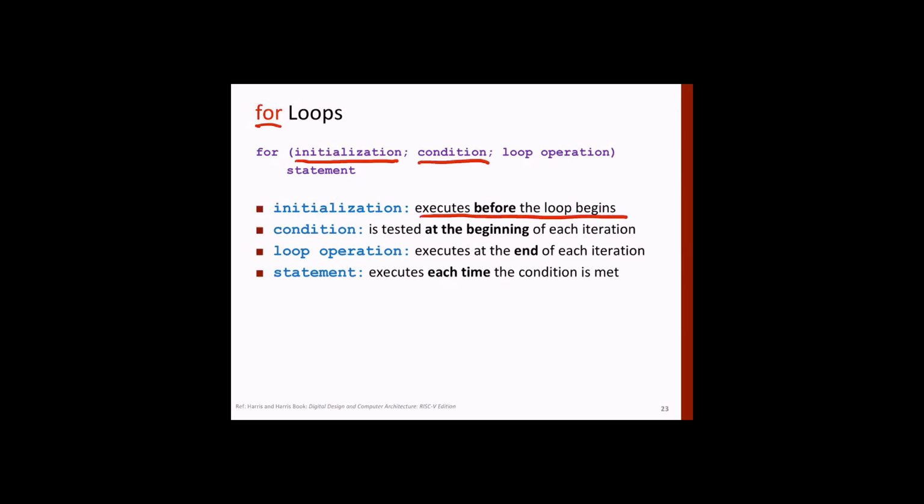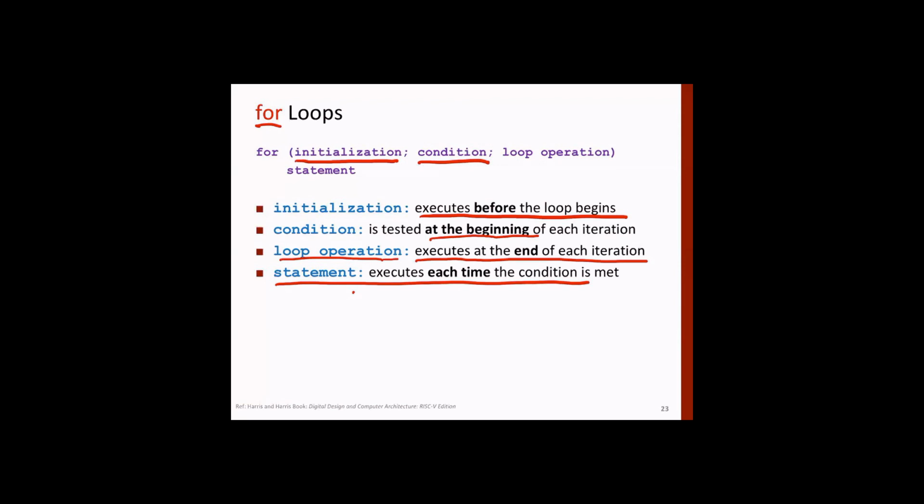Then the condition, which is checked at the beginning of each iteration. If the condition is met, then you execute the set of statements, and once you execute them, the last thing you do is some loop operation such that the value changes.